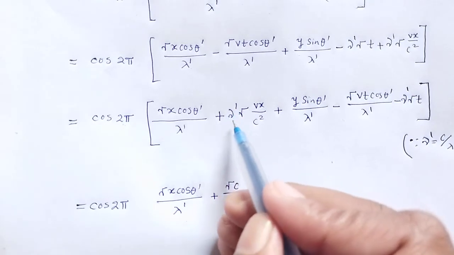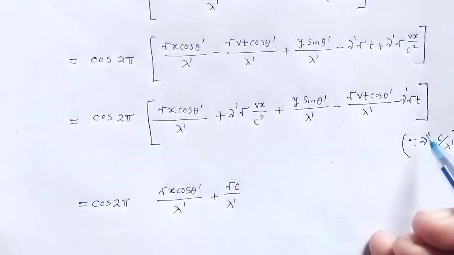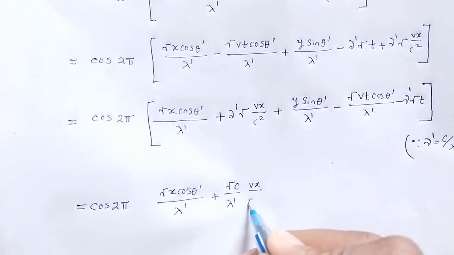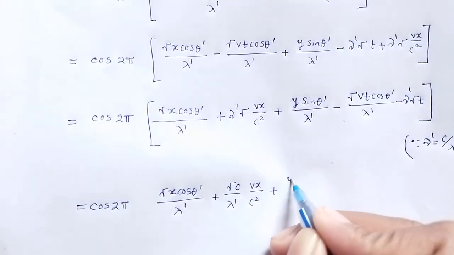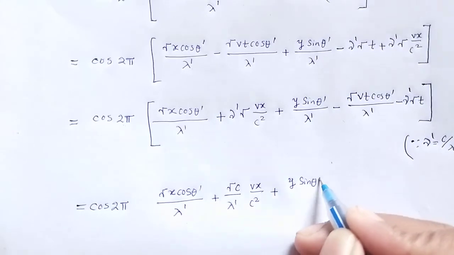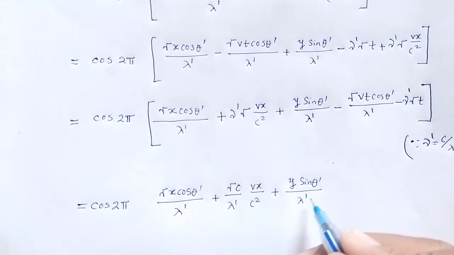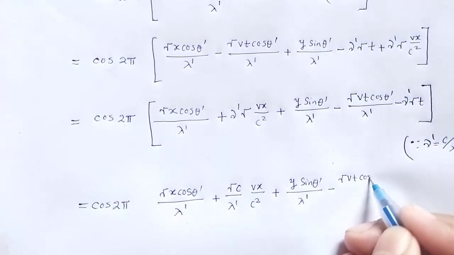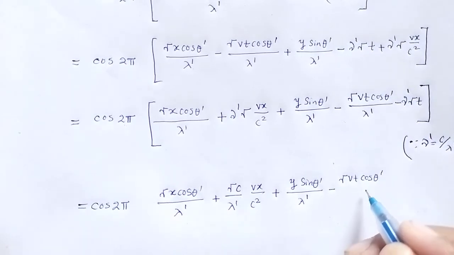Here we put in place of nu dash, that is c by lambda dash, V x by c square plus y sin theta dash by lambda dash minus gamma V t cos theta dash.